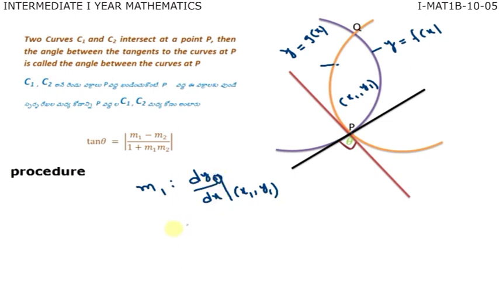And m2 is equal to dy by dx, also at x1 comma y1. This is second curve I am taking for convenience. So this is y1, this is y2. After getting m1 and m2, substitute in this formula. From that we are able to calculate angle between two curves.